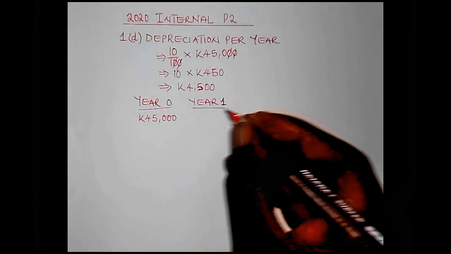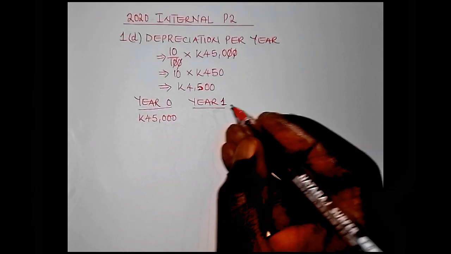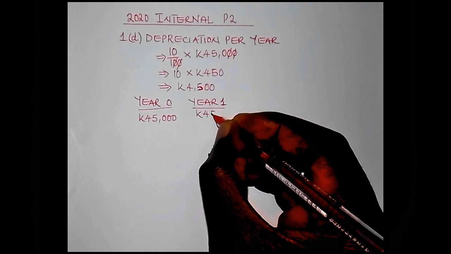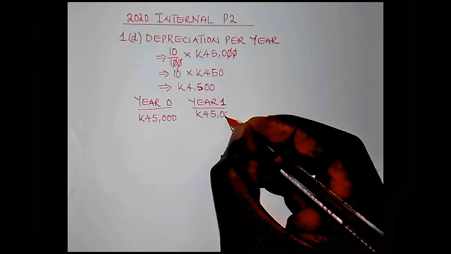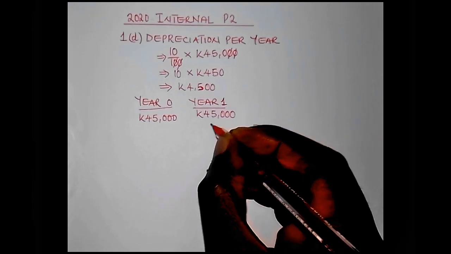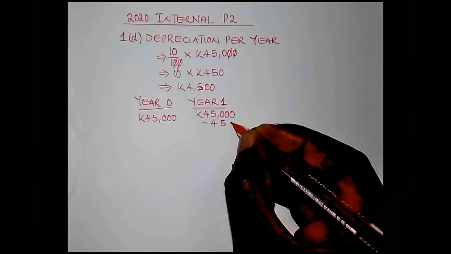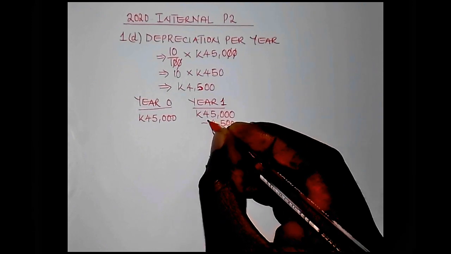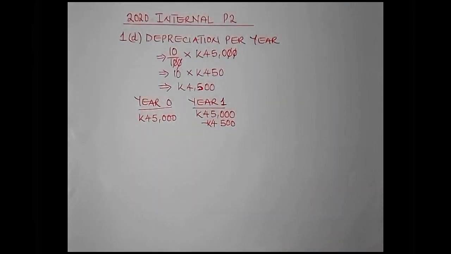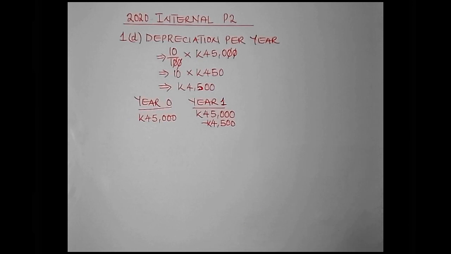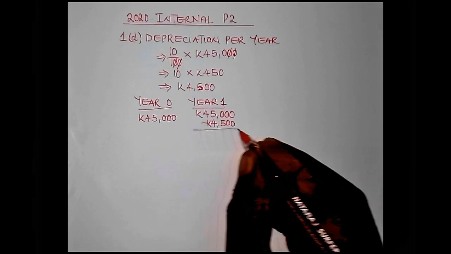So if its original value is 45,000, then we're going to subtract 4,500 kwacha from 45,000, and the subtraction will go like this.